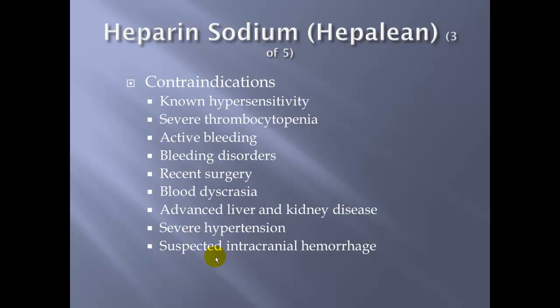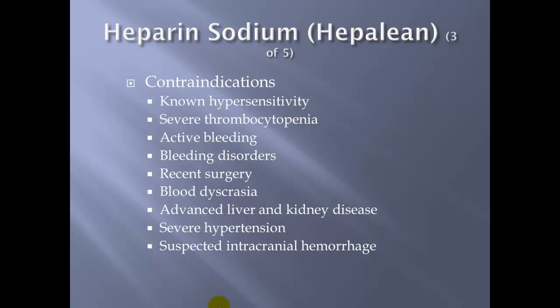Contraindications on this: any known hypersensitivity, severe thrombocytopenia, which is low platelet count, active bleeding, bleeding disorders, recent surgery, blood dyscrasia, which means an alteration in the actual substances of the blood, where there would be red blood cell malformation or low count, high white count, or low platelet count.